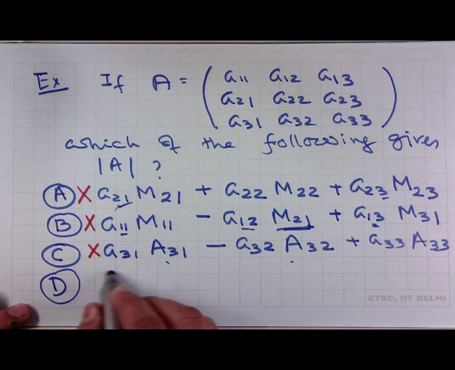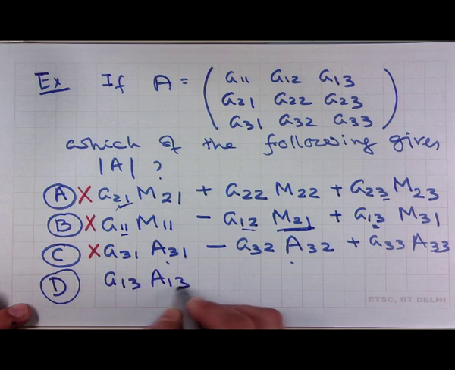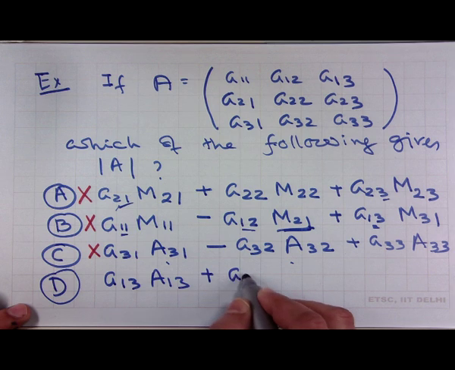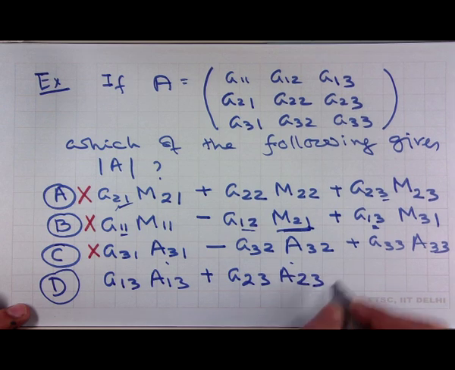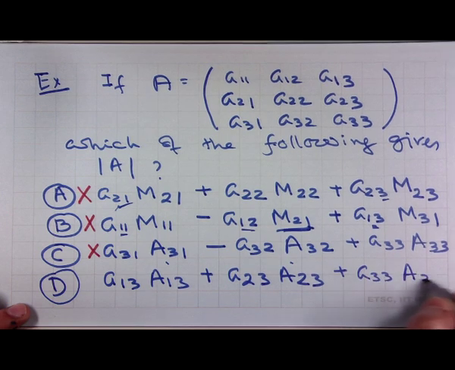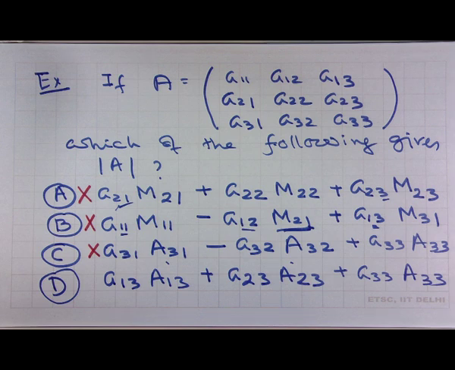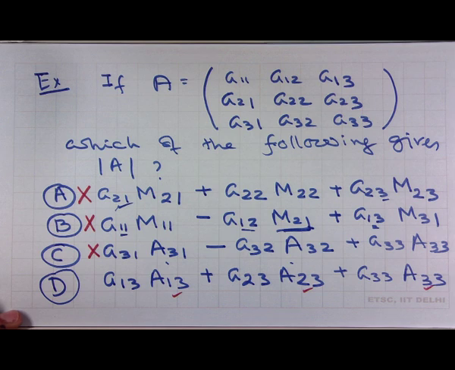Therefore, this also does not give us the correct value of the determinant. Option D is A13 into C13 plus A23 into C23 plus A33 into C33. If we look at that, we can understand that we are expanding along column number 3 and each term has been suitably multiplied by the corresponding cofactors.